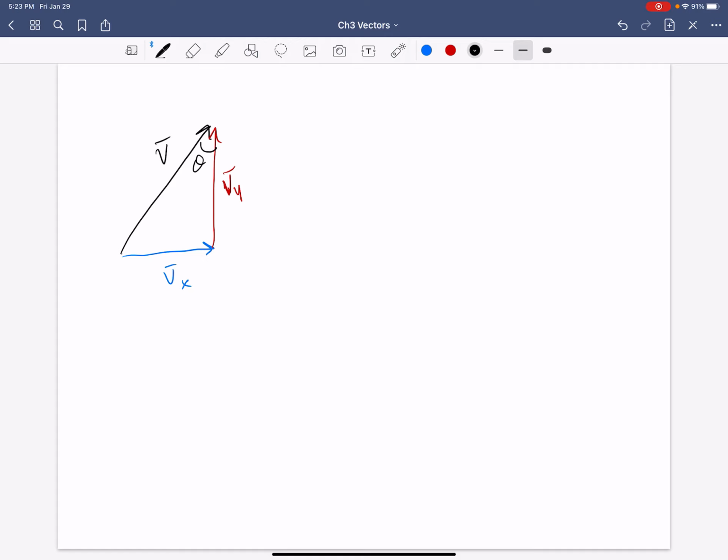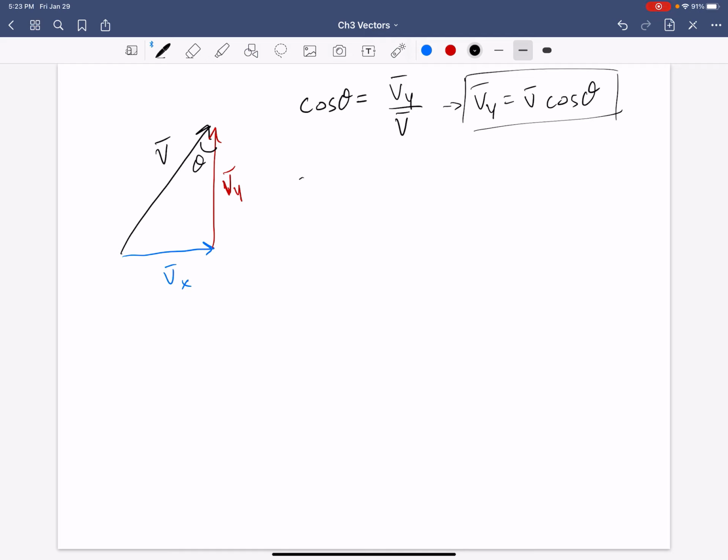Can you guess what will happen? Let's find out. Let's define cosine and sine again. With respect to that angle, the cosine is the adjacent over hypotenuse, but now the adjacent is whichever side is touching that angle, and that happens to be Vy. So that means that Vy now is V cosine theta.